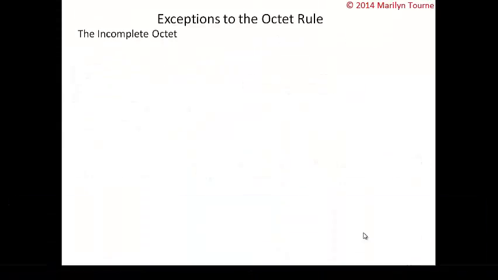So far, all the molecules that we have done have followed the octet rule, but there are exceptions, and there's not a lot of them, but there are some. The first one I'm going to talk about is the incomplete octet. There are some compounds where the central atom is stable even though it does not have 8 electrons around it. For example, beryllium.